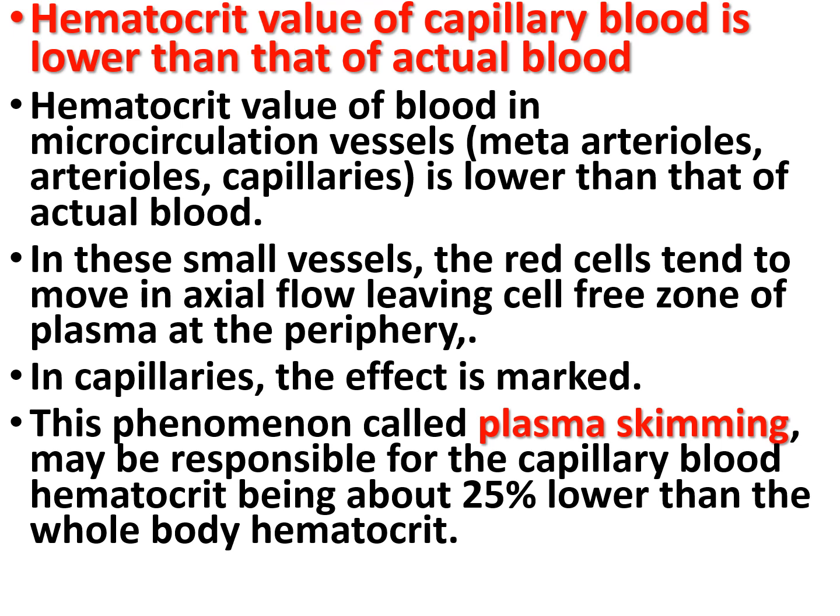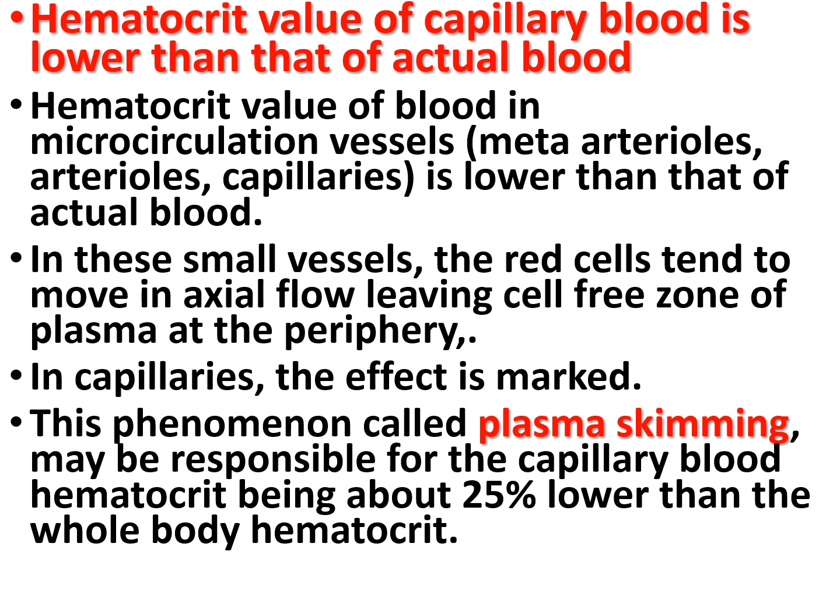Hematocrit value of capillary blood is lower than that of the actual blood. Why? The hematocrit value of the blood in microcirculation vessels, meaning metarterioles, arterioles and capillaries, is lower than that of the actual blood.